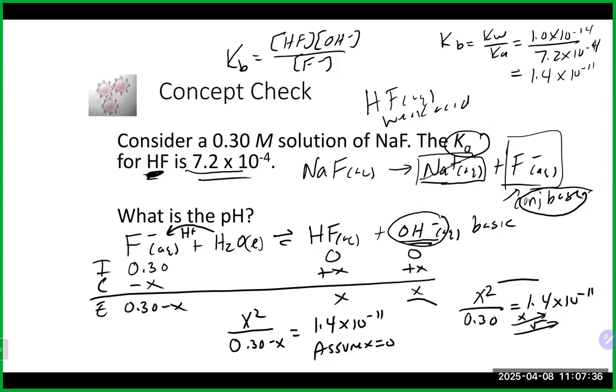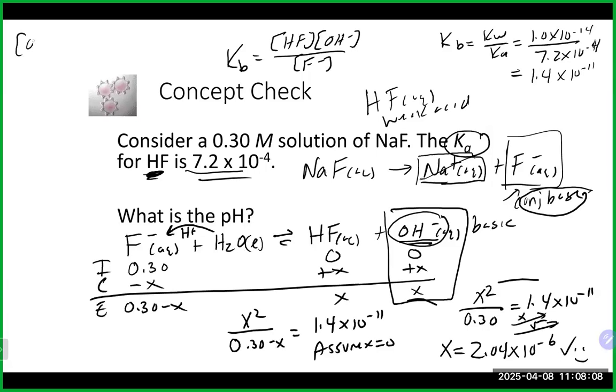So we'll go 0.3, a little square rootage. Going to get us a value here for x of, in scientific notation, 2.04 times 10 to the minus 6. We're going to divide that by 0.3 and times it by 100, and our check is good. We're nowhere near 1% at all.